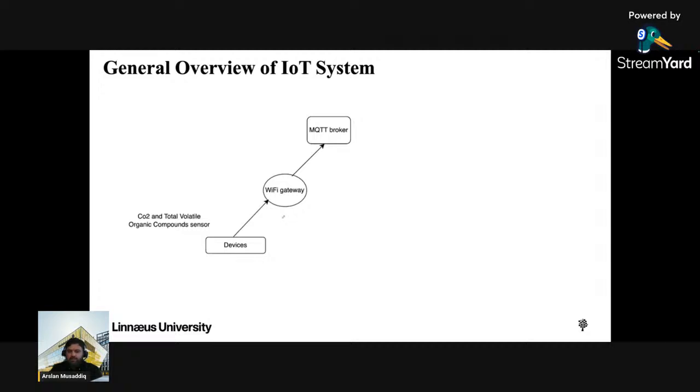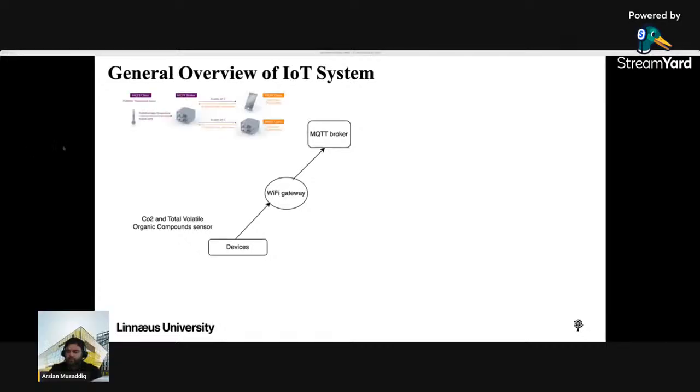MQTT broker is an application server that collects data from these devices, and then the clients subscribe to this broker, and then every time this device has data, it will publish to this MQTT broker, and on the other side clients will receive this data.